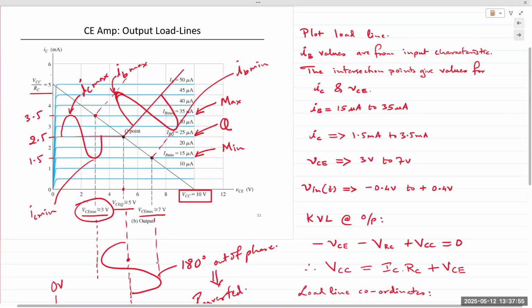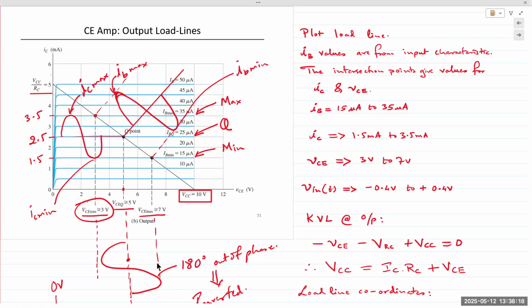And that is because this positive peak is now closer to the cutoff region. And the same thing happens if your Q point is biased somewhere closer to the top. Yes, positive peak of the output. Yeah. Input is not affected.